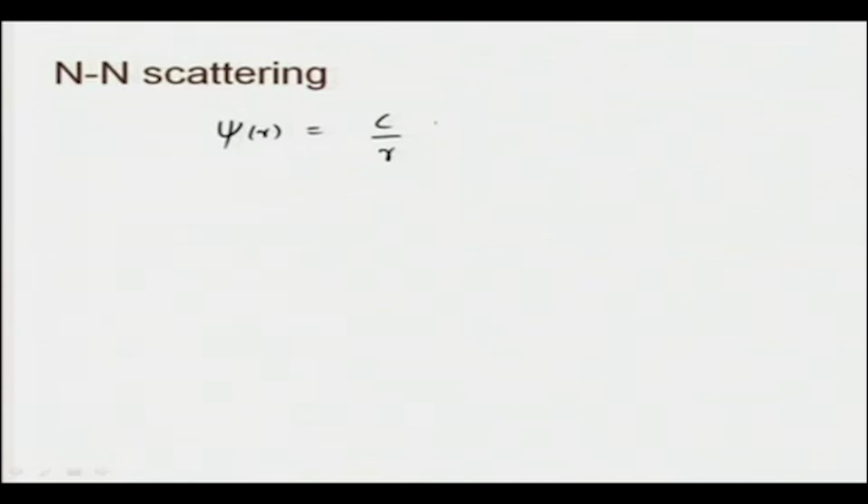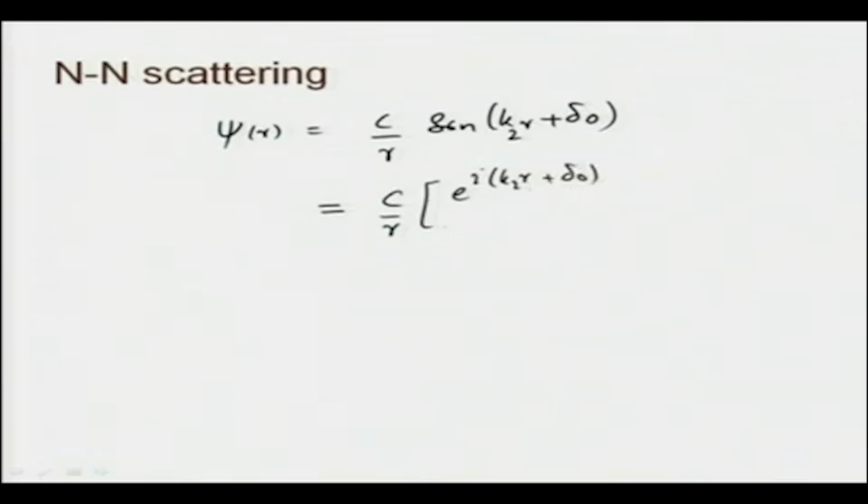We had written this as C over r sin of k r plus delta 0. Okay. This is essentially equal to, or you can write this as e power i k r plus delta 0 divided by r.